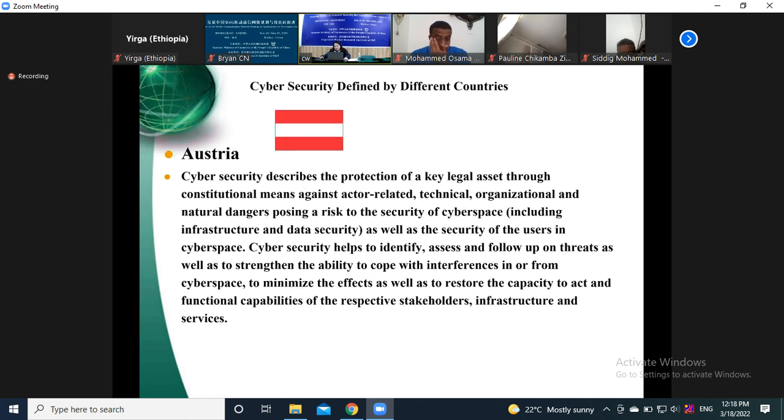Okay, just now we said that in our countries, the Ministry of Industry and Information Technology of the People's Republic of China is the administration responsible for network security and network construction, and this shows some things about how different countries define cybersecurity.